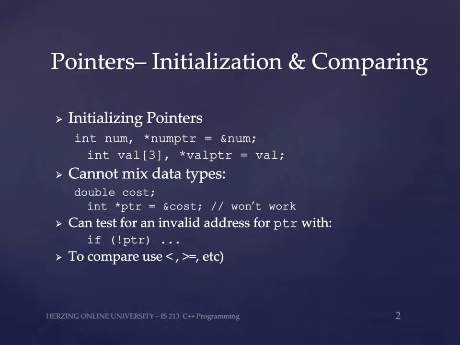For example, if ptr1 is equal to ptr2, you are comparing addresses. But if you put the star in front of ptr1 and the star in front of ptr2, you are comparing contents.